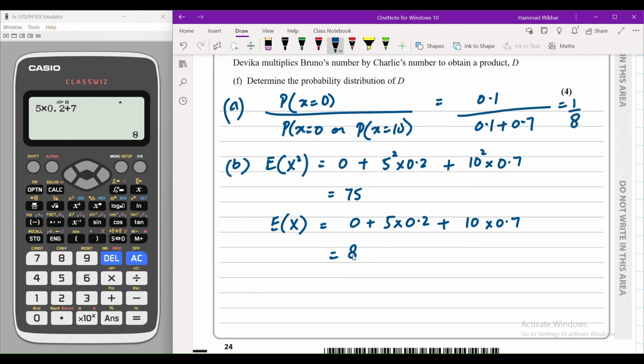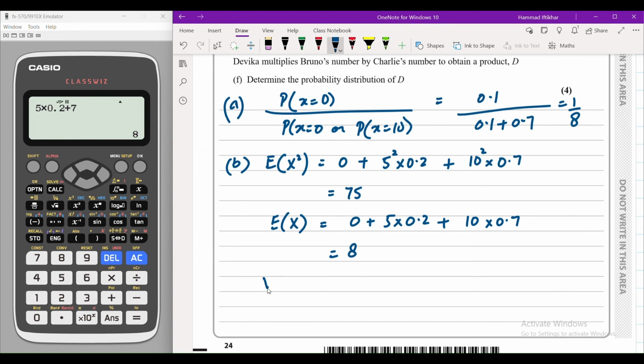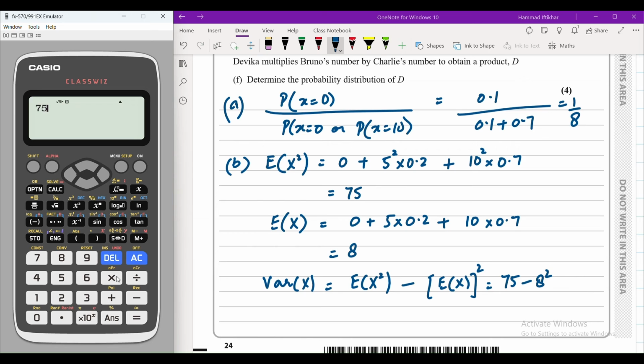So variance of X will be E(X squared) minus the mean squared. Okay, so 75 minus 8 squared, 75 minus 64 basically, so that's 11.